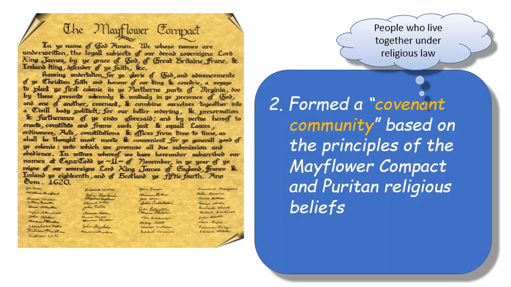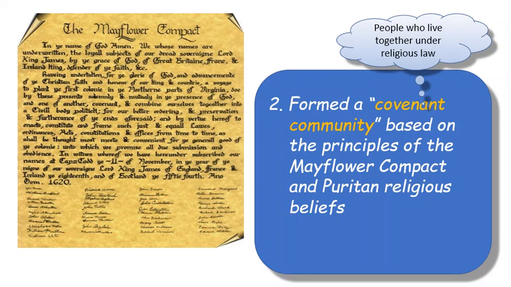So again, the key idea here, these New England colonies were very much founded for and based on religion, based on the principles of the Mayflower Compact. Okay, if you're familiar with the Pilgrims who came over, the first Thanksgiving story, before stepping foot on Plymouth Rock, they agreed to a set of principles, a set of rules called the Mayflower Compact, and these were largely based on Puritan religious beliefs.